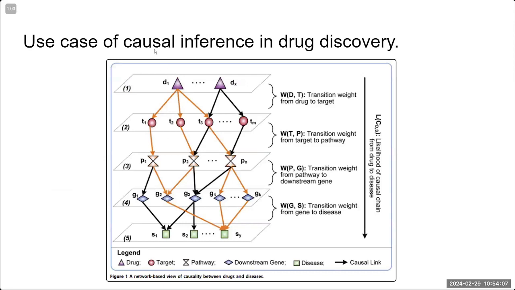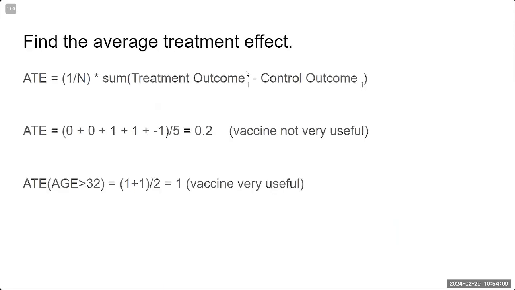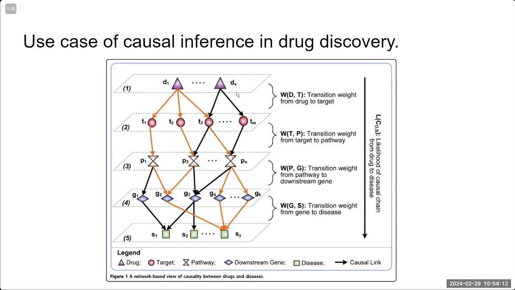So these are some jargons about causal inference, but how are they used in drug discovery? I will not go through this in great detail, but I'll give a brief overview. For drug discovery, we have some drugs and some diseases.